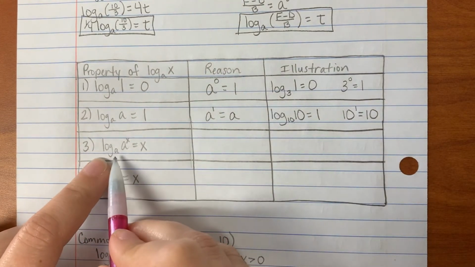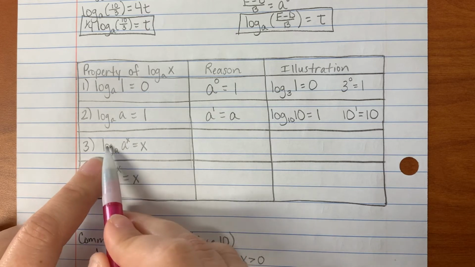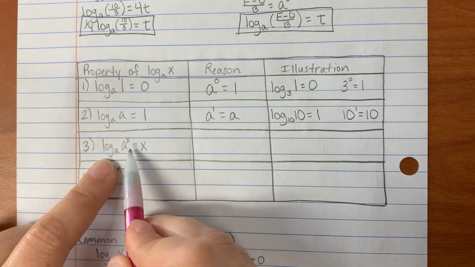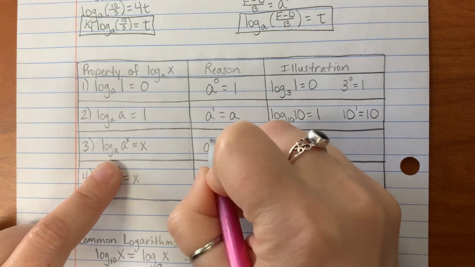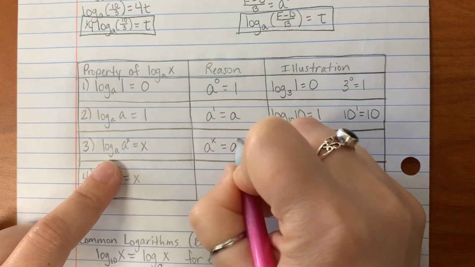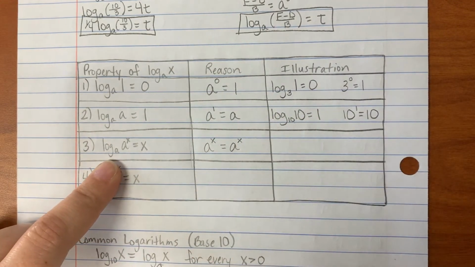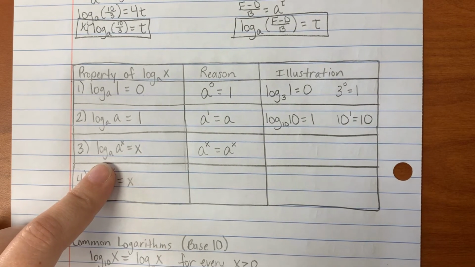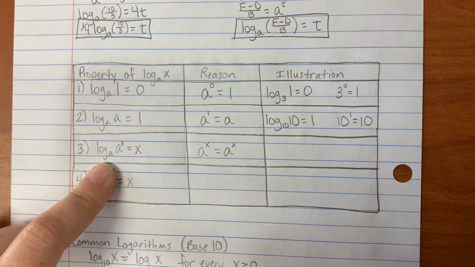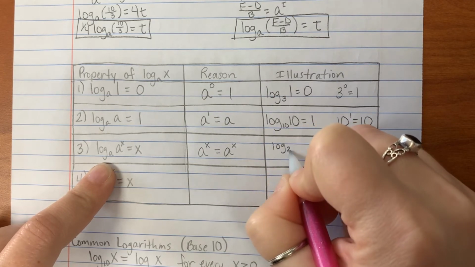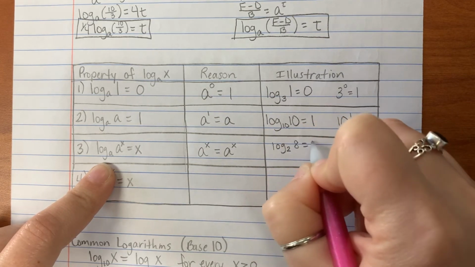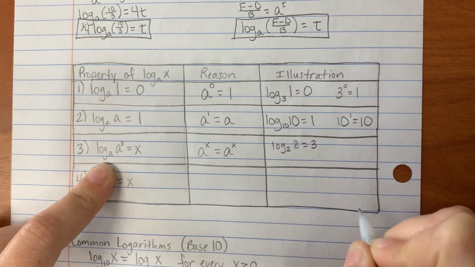Okay, example 3 here. Log base a of a to the x equals x every time. Why is that? Because a to the x equals a to the x. So here's an example of that. If I had log base 2 of 8, that's going to equal 3.